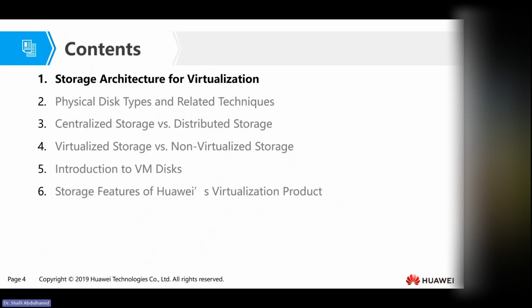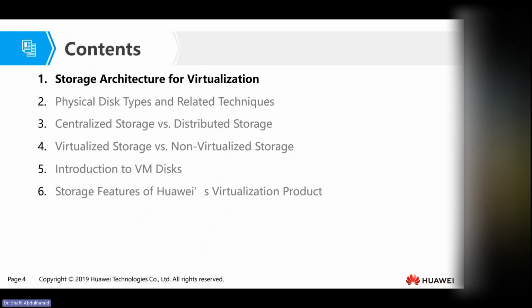Section 4, we will discuss virtualized storage and non-virtualized storage. Then we will introduce virtual machine disk in section 5. And last but not the least, we will discuss storage features of Huawei's virtualization products.